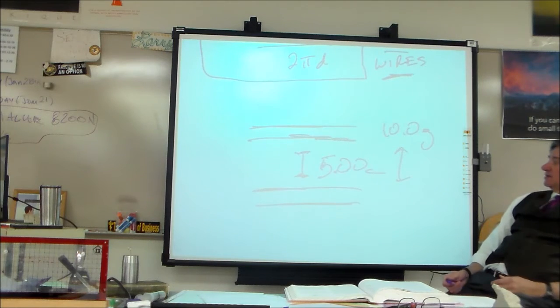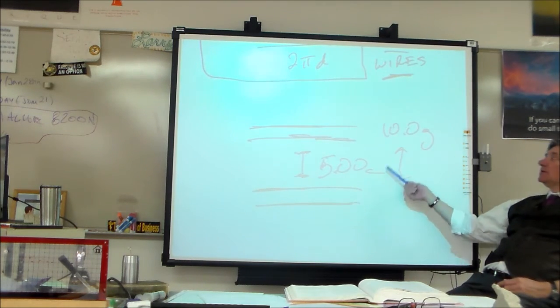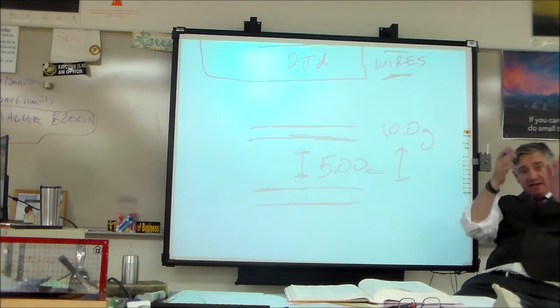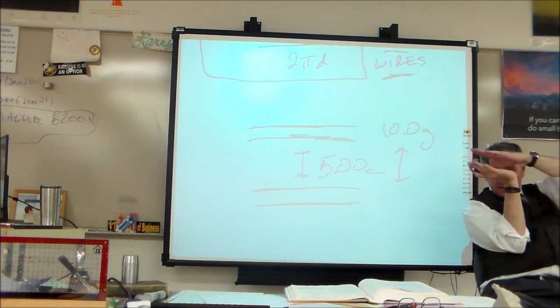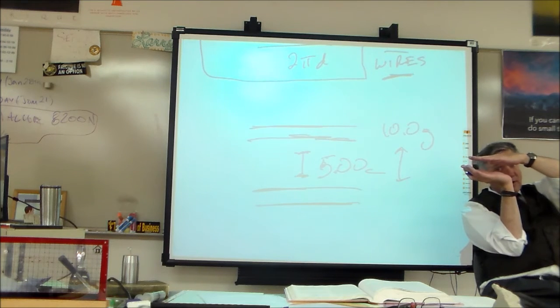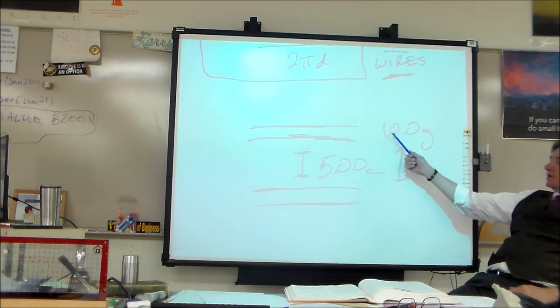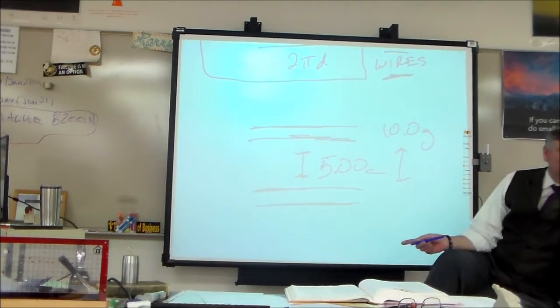Well, here's the deal. If this wire is anchored, and you want this upper wire to hover, so imagine that I could take that apparatus and turn it sideways. I've got that bottom wire, and I'm going to make that upper wire hover. So first off, would I want a repulsive force or an attractive force between the wires? Repulsive.